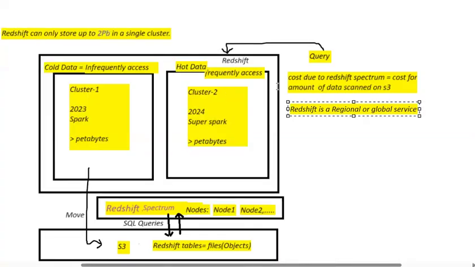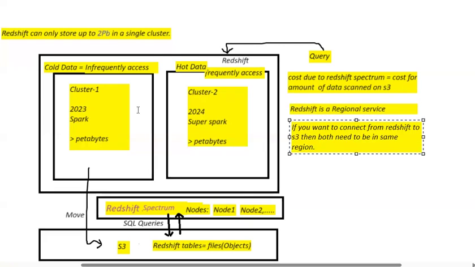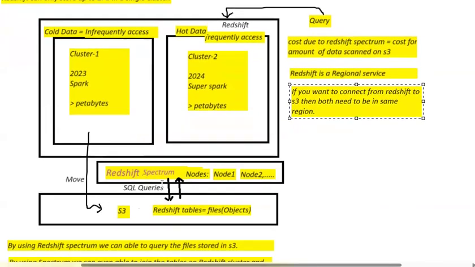So one more important detail about Redshift is that it is a regional service. It's not a global service. So if anybody asks you whether Redshift is regional or global, then you need to tell them that Redshift is a regional service. S3 is also a regional service.